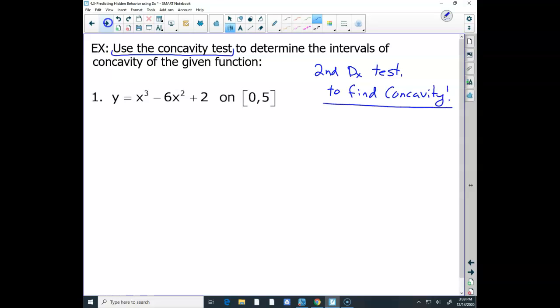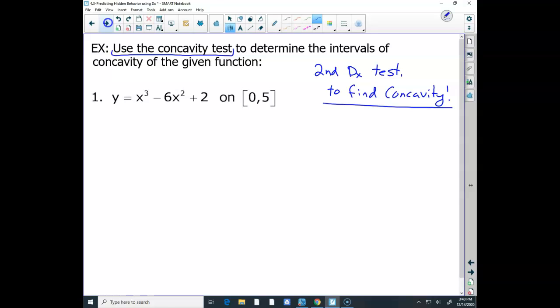And towards the end of this lesson, we're going to do a complete analysis on a whole function. Meaning, when is it increasing, when is it decreasing, when is it concave up, when is it concave down, where does it have a point of inflection, where does it have maximums and minimums, where are those places and points, all right?